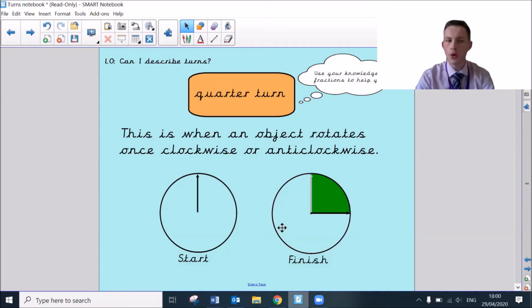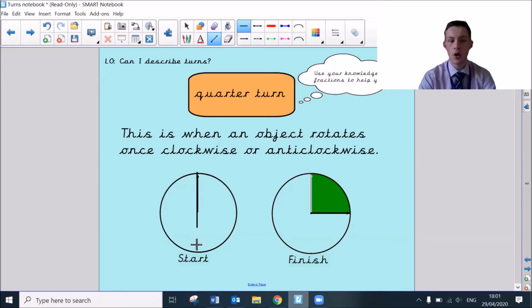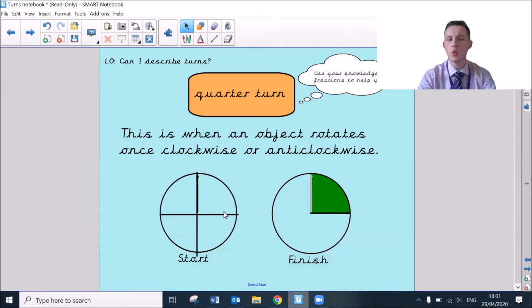A quarter turn. So this is where an object rotates clockwise or anti-clockwise, but it only rotates once. If we break our circle up into 4 parts, so if I make my line going all the way down here and all the way across, you can see I've got 1, 2, 3, 4 equal parts.